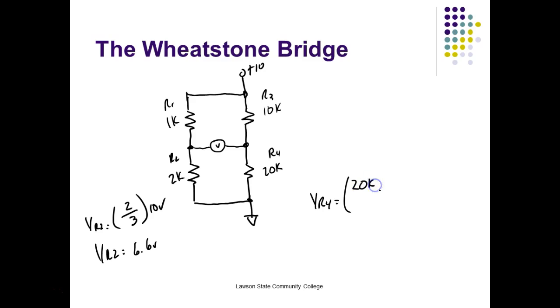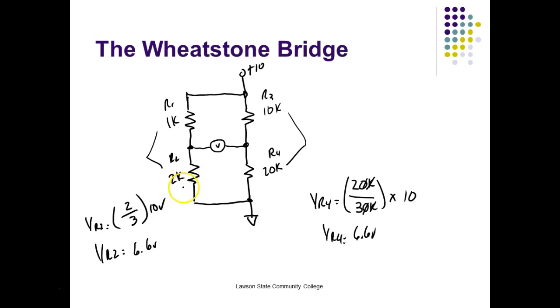This is the one we want to find the voltage across, divided by RT, which is going to be 30K. And we're going to multiply that times 10. Well, right off the bat, I know what's going to cancel. K on the K is going to cancel. 0 is going to cancel. You notice we end up with 2/3 again. So VR4 is still going to be what? 6.6 volts. So if the ratio of these two resistors match the ratio of those two resistors in the same order, then we have what we call a balanced bridge.